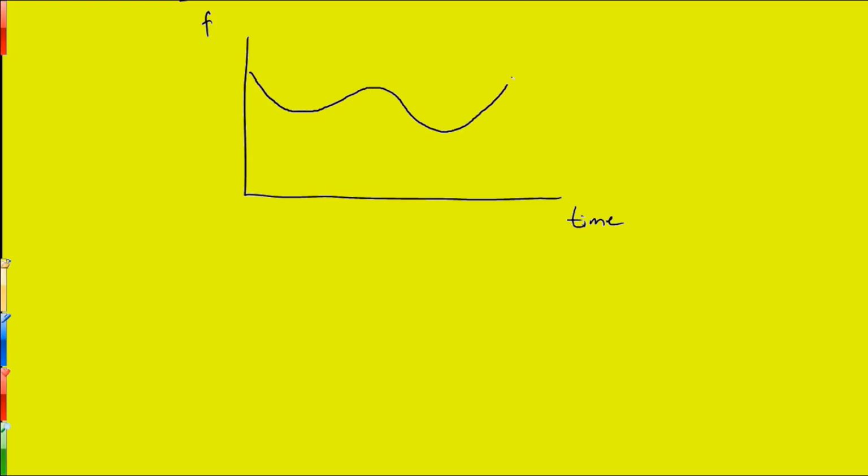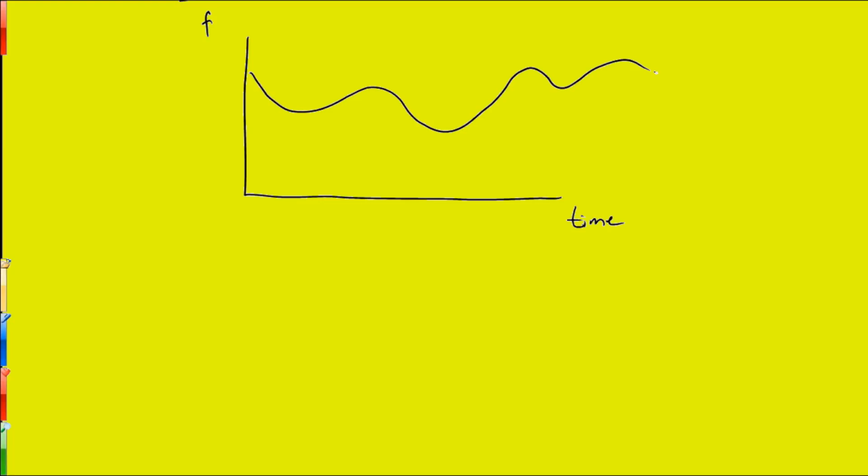So let's switch gears for a second and think back to when you were first studying calculus and learning about derivatives and how you defined what a derivative actually was. Let's say that we have some function, we'll call it f, and it's a function of time, and this has some arbitrary shape.